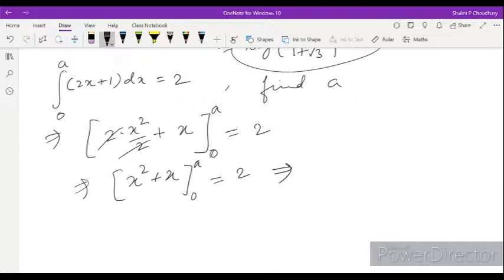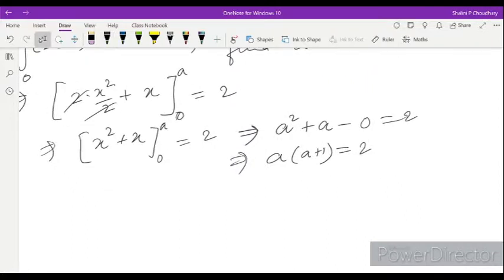We put the value: a square plus a minus 0 square plus 0, that is 0, is equal to 2. So a into a plus 1 is equal to 2. We can also write 2 as 1 into 1 plus 1, so a will be equal to 1.